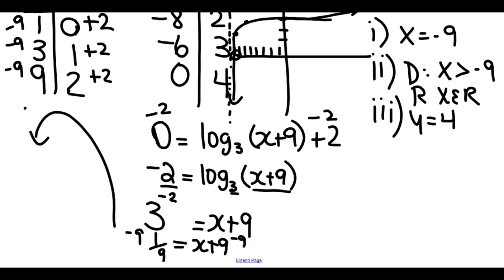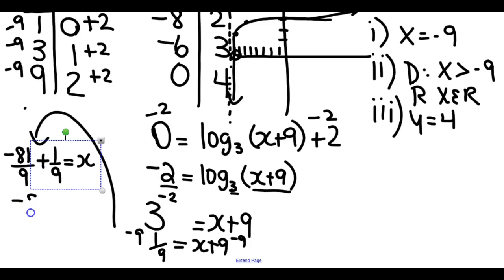So minus 9 plus 1/9, you have to make those the same denominator. So I'm just making my minus 9 into minus 81 over 9. I just times them both by 9. And then it's plus our 1/9 is equal to x. So we end up with minus 80 over 9 for x.